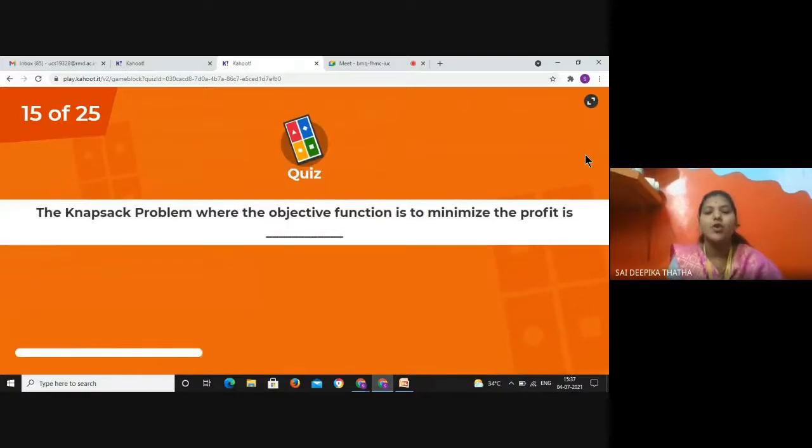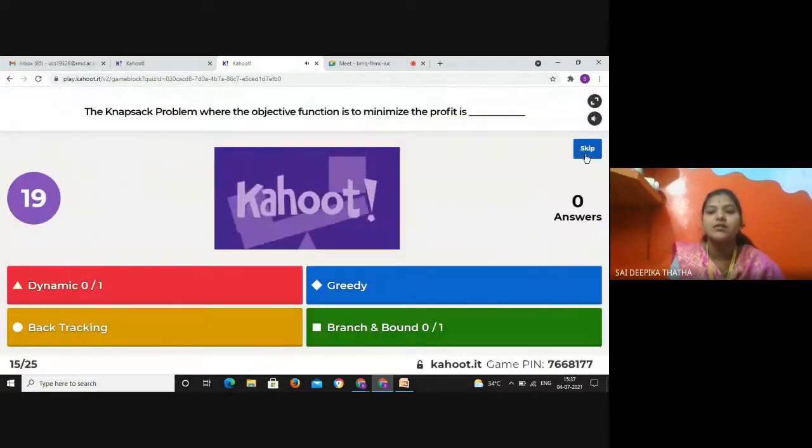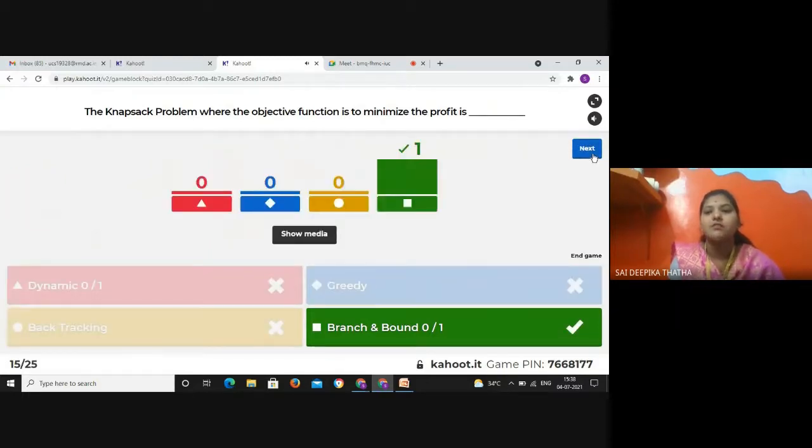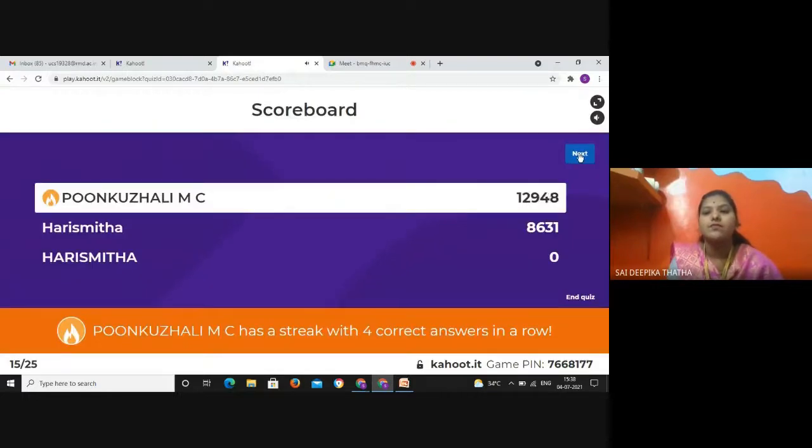The knapsack problem where the objective function is to minimize the profit is. Branch and bound. Correct.